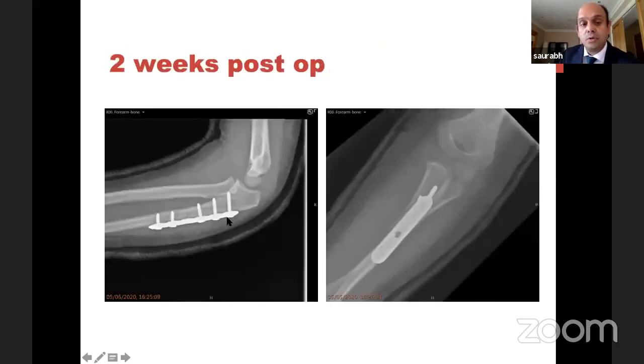Again, with a posterior approach, what I would do is put 2 compression screws, compress the fracture, and then check on II, make sure the radial head has come back, check the pronation, supination, and check the stability. Once you're happy, then you fill up the plate.